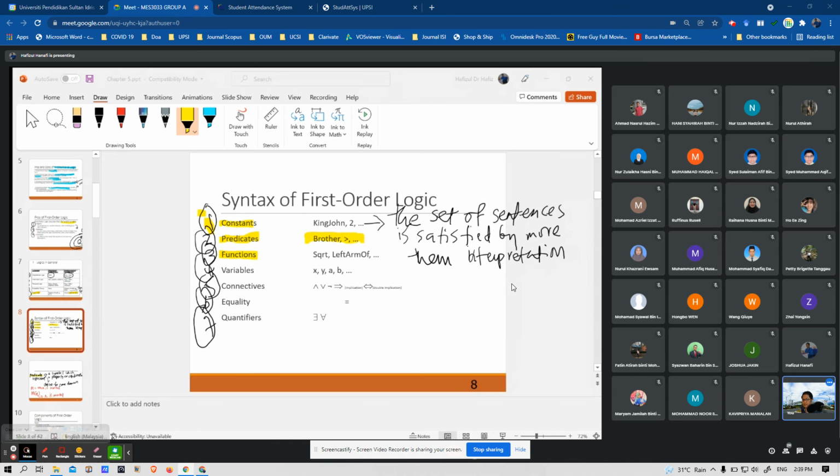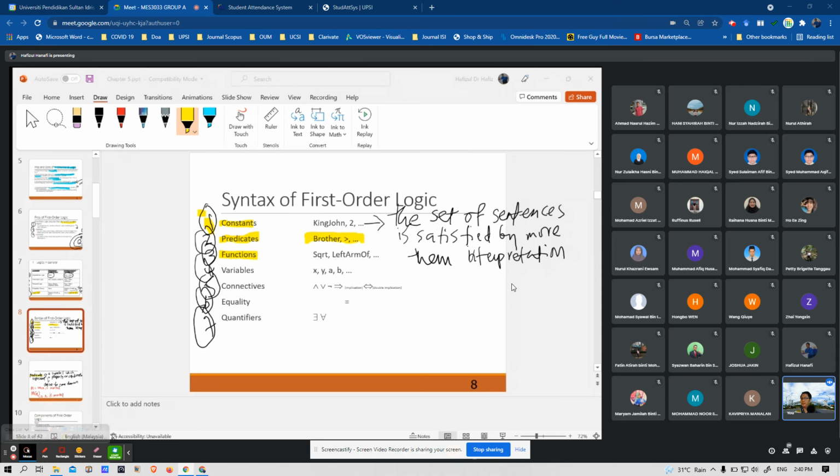First order logic for the functions. For the function, you need to declare the consequences or equivalences.